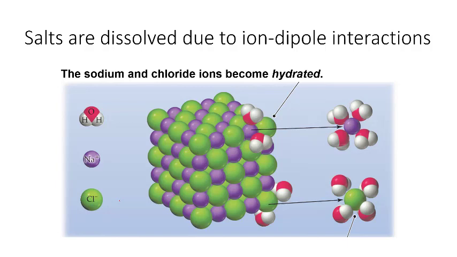So let's think for a moment about how dissolving actually works. Dissolving of salts occurs due to ion-dipole interactions. If we think about a salt, for example sodium chloride here, we know that salts exist in a crystal lattice formation.